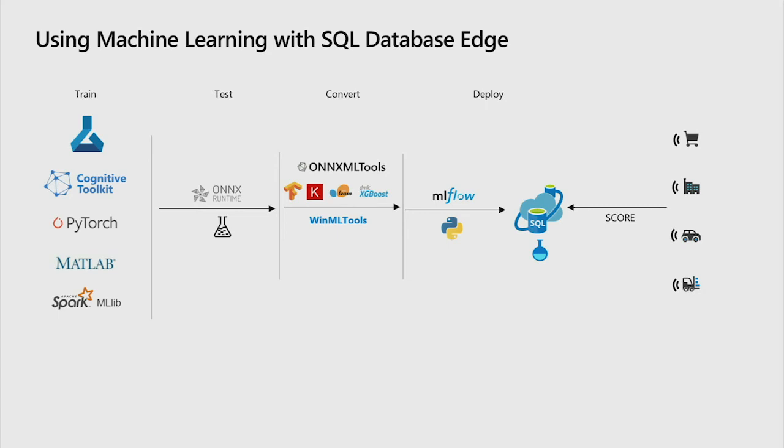So the question was, do I need to save the Python code into SQL Database Edge? No, we don't have Python and R integration in SQL Database Edge, so we're using ONNX as a runtime to execute the model. So you will essentially train your model somewhere else, and you will push it to the edge.